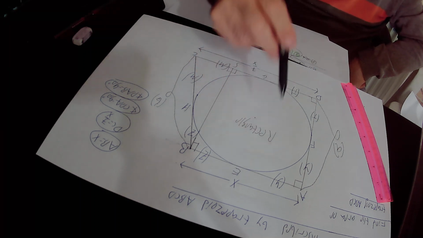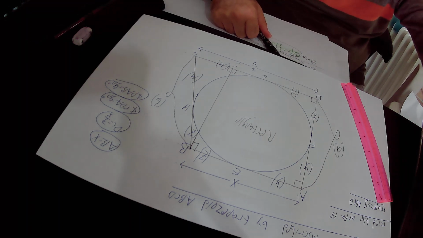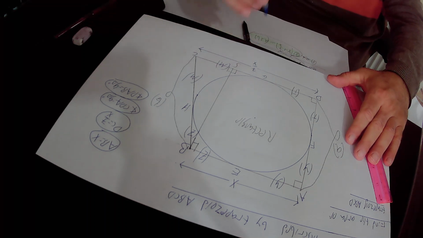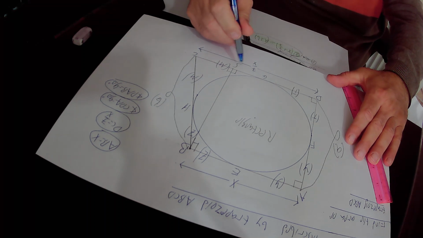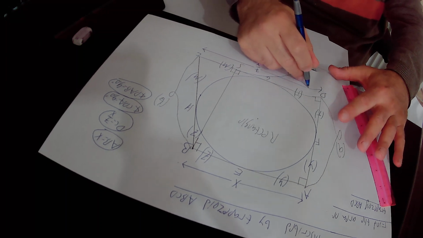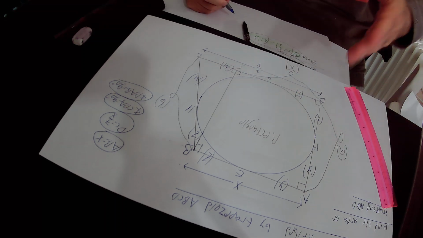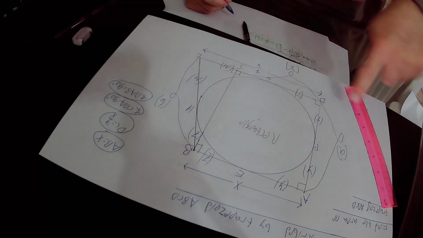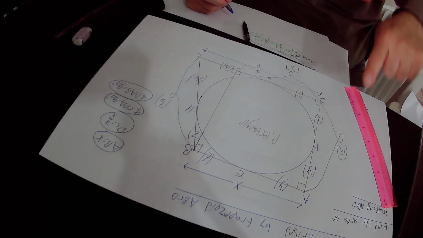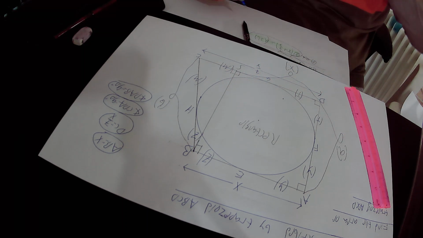But AB is X, therefore DS must also be equal to X. So I write it down here: DS is equal to X. Likewise, in the same rectangle ABSD, side AD must be equal to the opposite side BS. But AD is A according to our definition, therefore BS must also be equal to A.